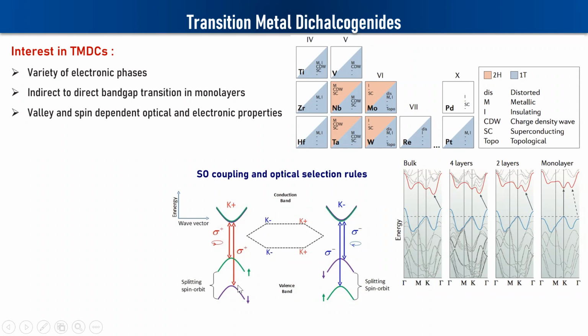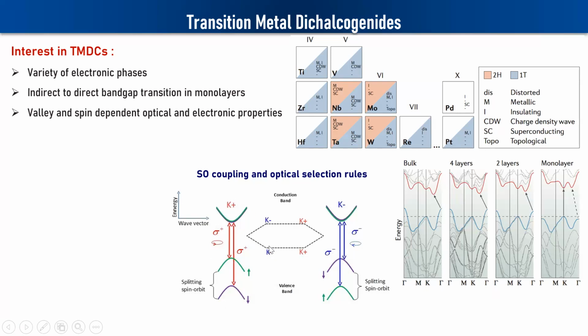And if you look at, say, a monolayer of MoS2 or WS2, there is no inversion symmetry. Because the inversion symmetry is broken, the K and K minus points in the Brillouin zone are now non-degenerate.